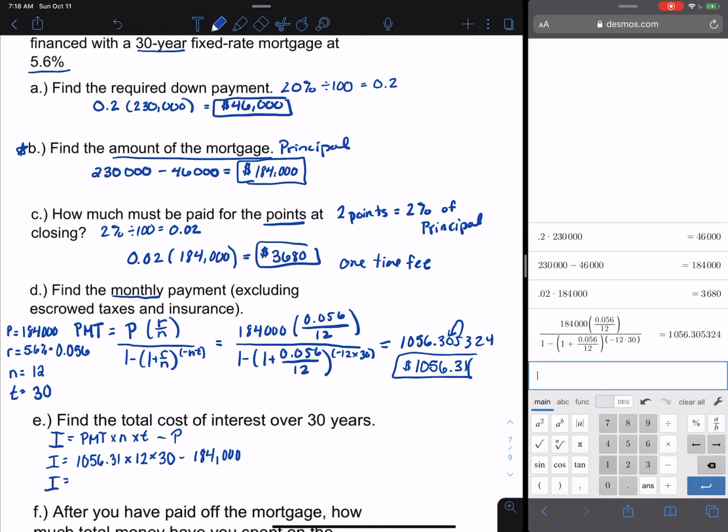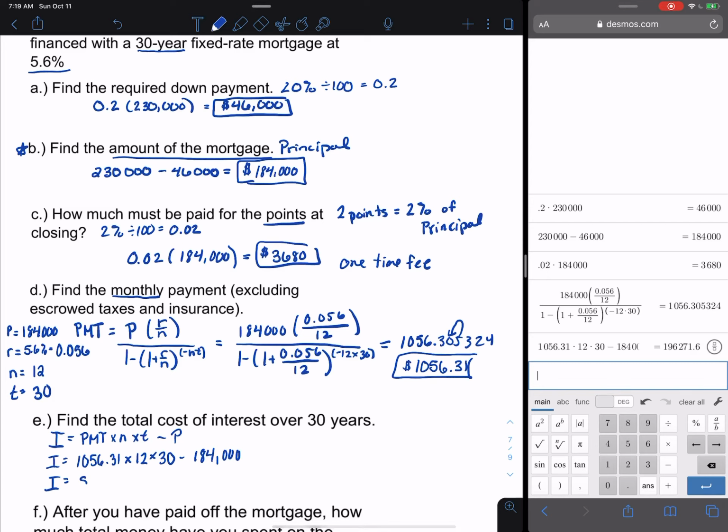So if we do that, 1056.31 times 12 times 30, oh, I missed the time sign, there we go, minus 184,000 gives us that we're paying a total interest of $196,271.60.